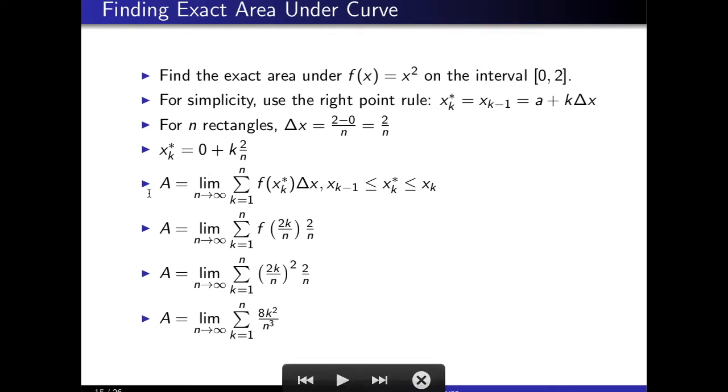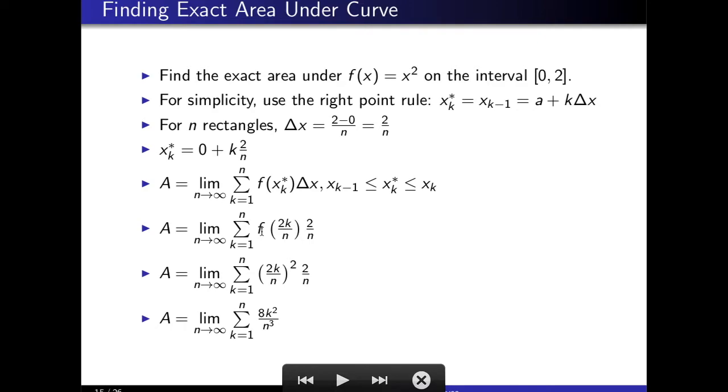Okay, so we first set up our equation. The area is equal to the limit as n goes to infinity of the sum from k equals 1 to n of f of xk star times delta x, where our xk star is in between xk minus 1 and xk. For us, that'll give us a limit as n goes to infinity of the sum of k going from 1 to n of f of 2k over n times 2 over n.